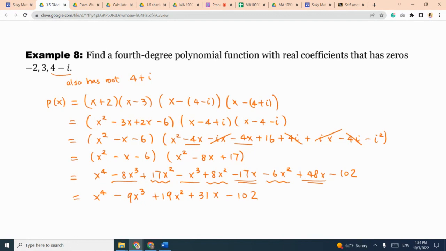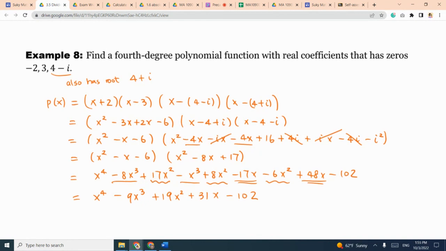And then distribute the negative, so -4 plus i, this is -4 minus i, and then you want to expand it. Okay, expand it. For complex numbers, you do it one by one. So x times x is x squared, x times -4 is -4x, x times -i is -ix, and then -4 times x is -4x, -4 times -4 is positive 16, -4 times -i is positive 4i, yeah?